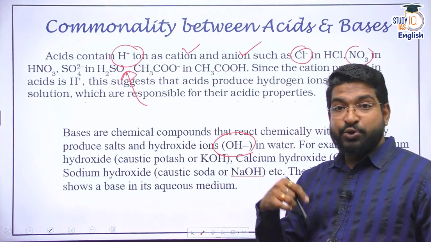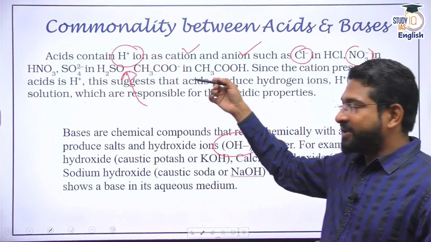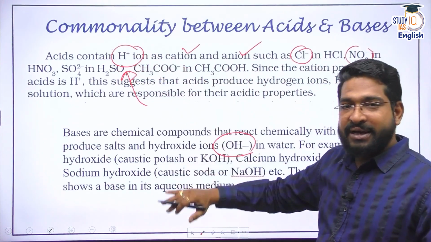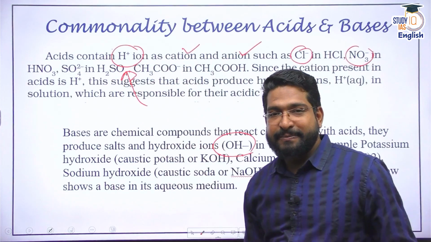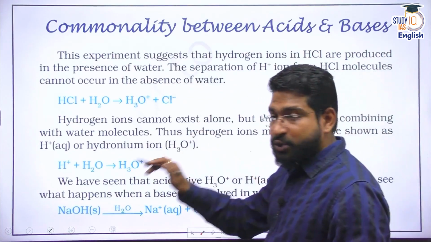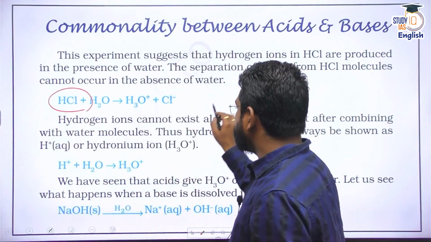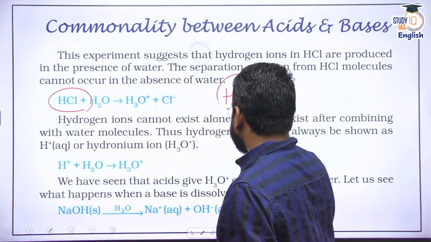How is it ionizing? If it happens completely, then it's a strong acid. If it happens partially, it is a weak acid. Correspondingly the same for bases. So what do we see? We see that hydrochloric acid, or any acid for that matter, always gives you the H plus ion.